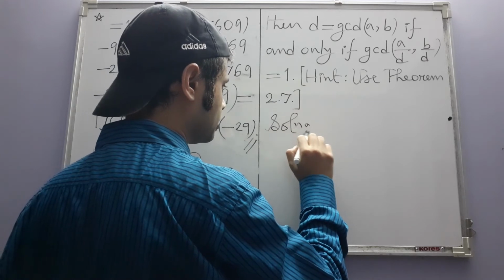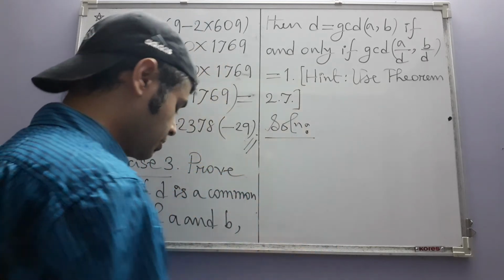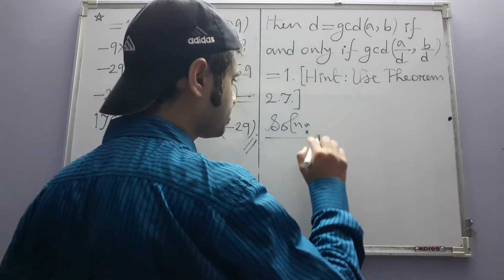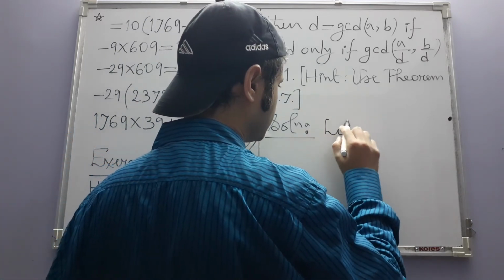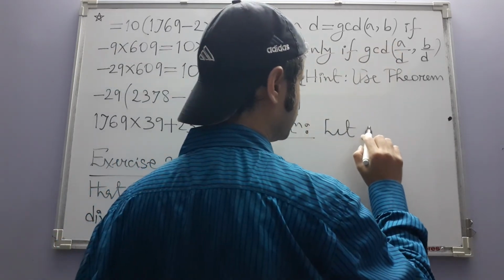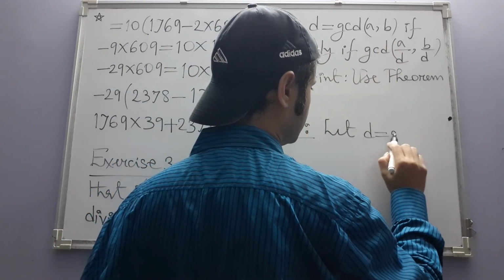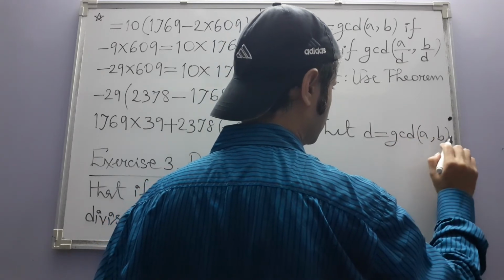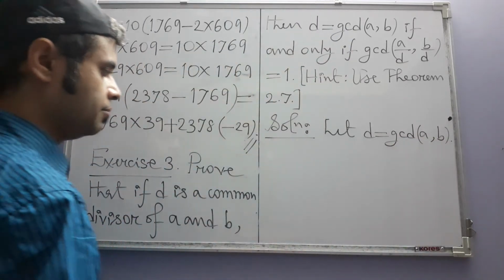So we are just simply going to mention that one, and that is this. Let first of all we assume that this is true. So let T be the GCD of A and B.